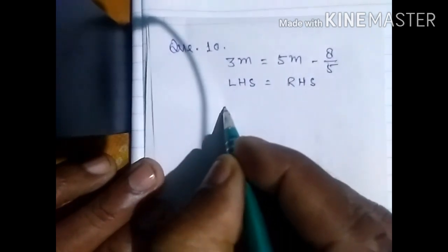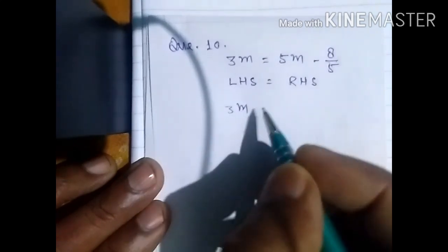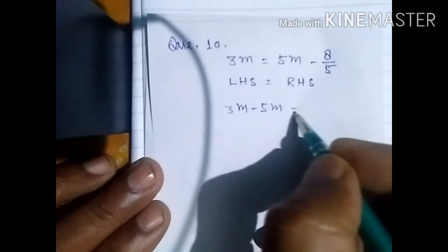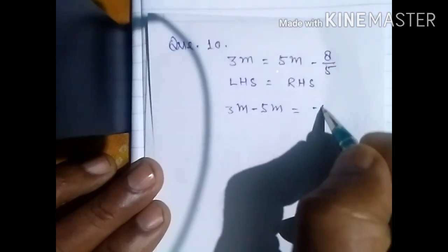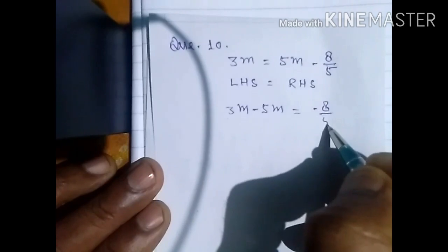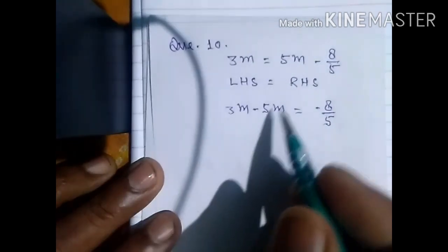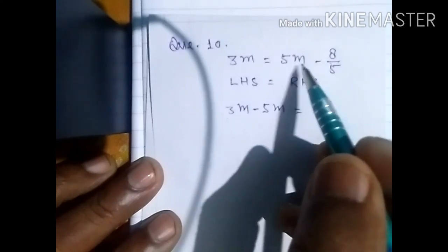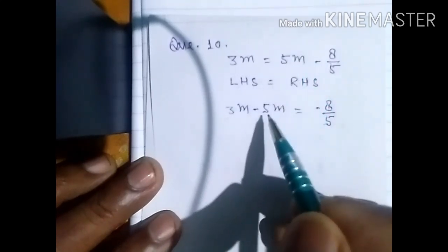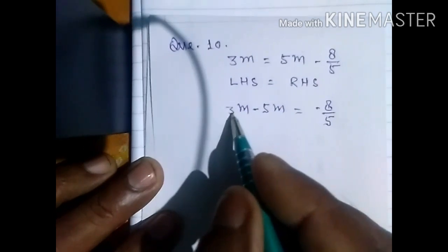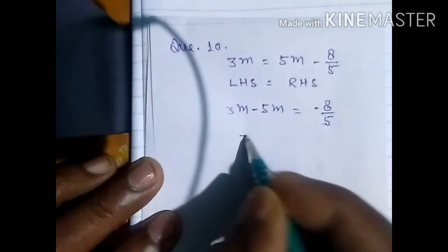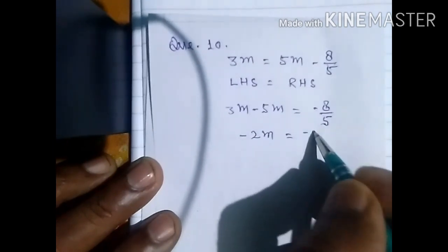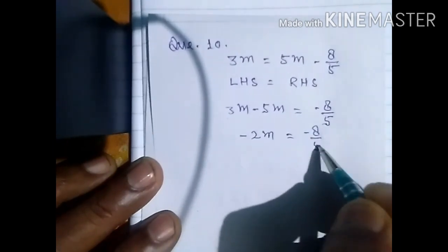So this one will be 3m minus 5m is equal to minus 8 by 5. After taking this 5m from right hand side to left hand side, it will be minus 5m, student. So 3m minus 5m, it will be minus 2m is equal to minus 8 by 5.